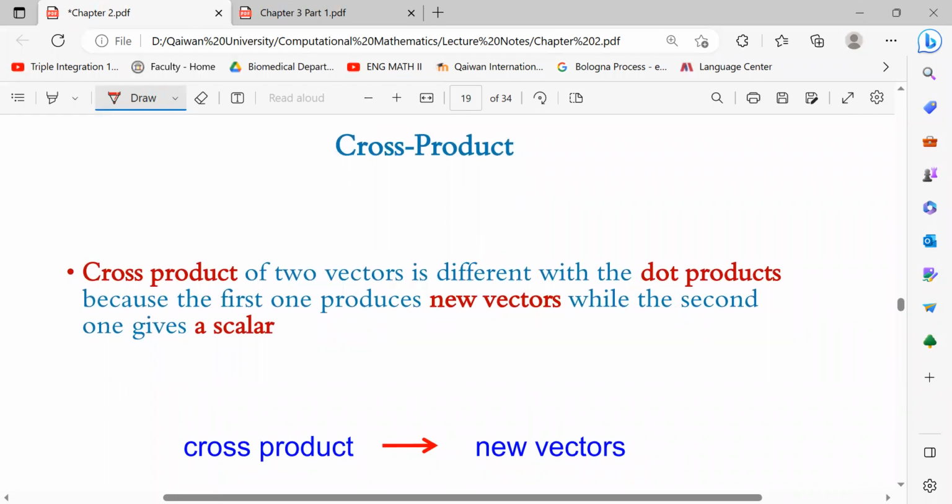Then you have cross products. In the dot product of 2 vectors, we get a scalar, as we saw before. But in the cross product of 2 vectors, we get a vector. The cross product of 2 vectors is another vector.